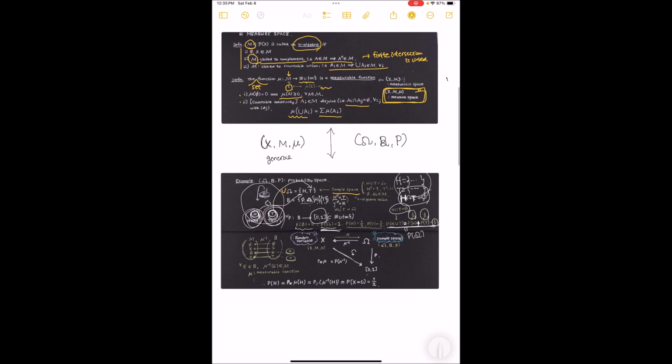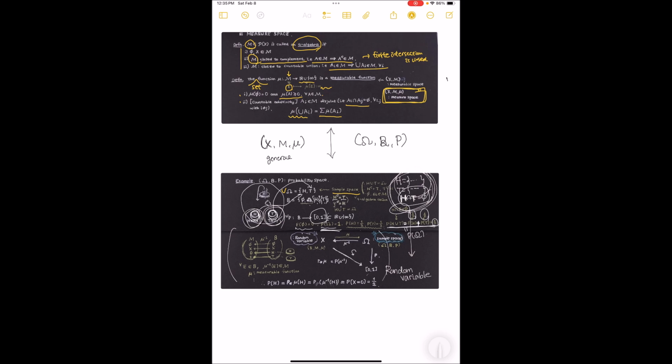So in this example, next example, I will deal with a measurable function, and we can understand that concept as a random variable. Of course, I will write the concept of the random variable, but I will define it in detail later.